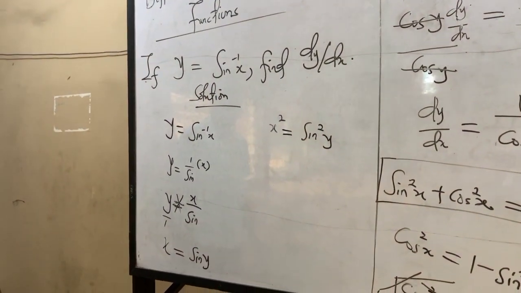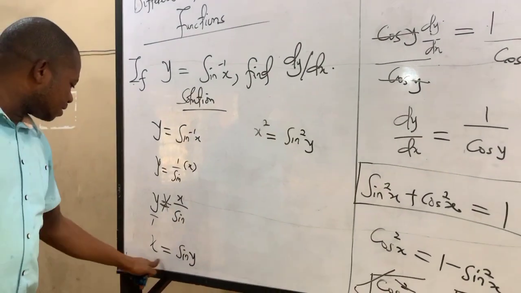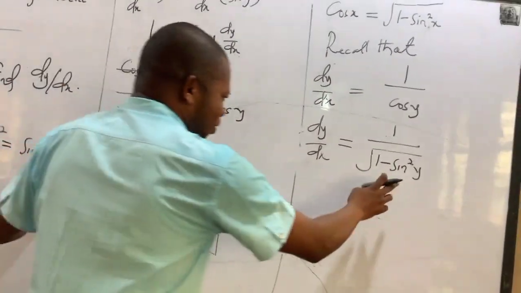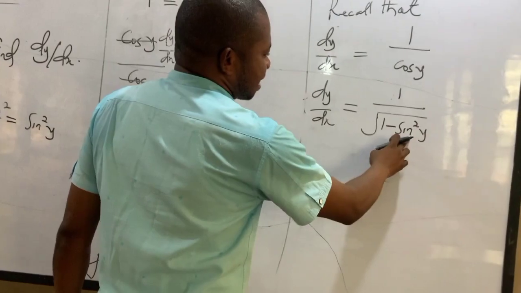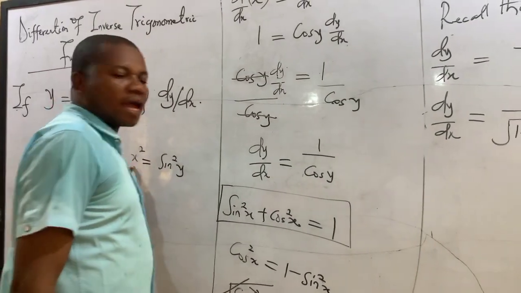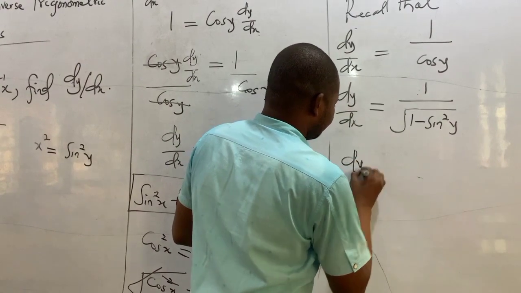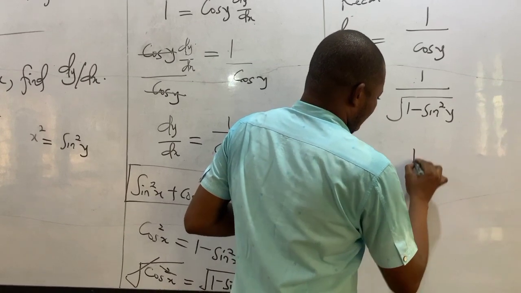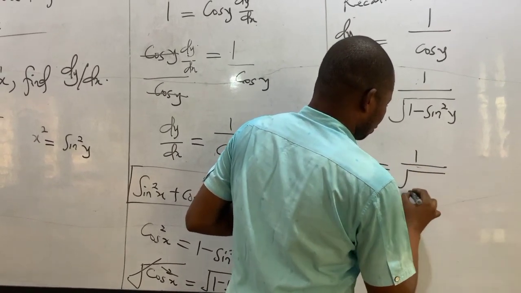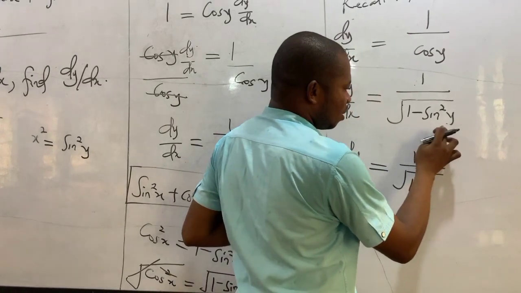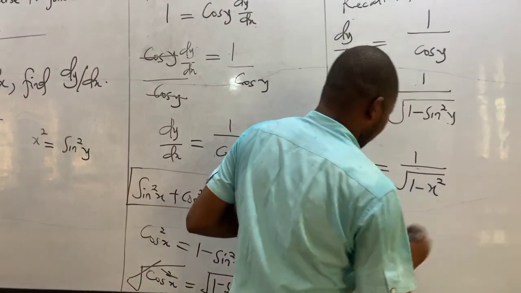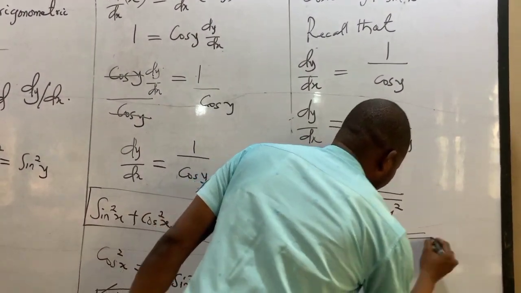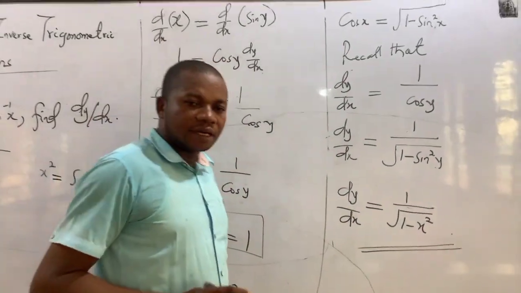So I go back to interchange it: sine square y is equal to x squared. So dy/dx has now become 1 over root of 1 minus x squared, substituting x squared for sine square y. The moment you do this, you are good to go. So this is our final answer.